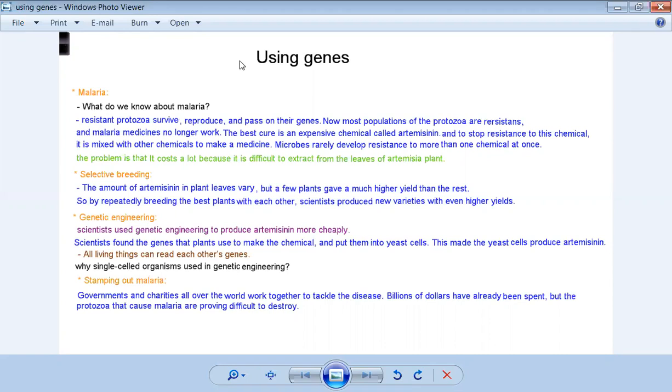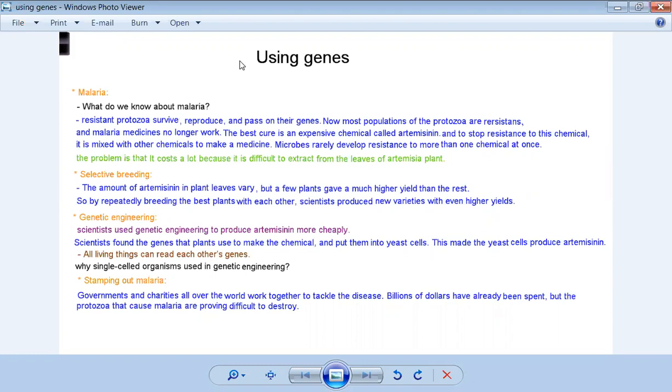So they need to extract this chemical from the plant, but it's so expensive because it's hard to extract. If they want to grow more of this Artemisia plant, it will take too much time to grow and to reach a specific stage to get this chemical from it. So they need another solution, okay?